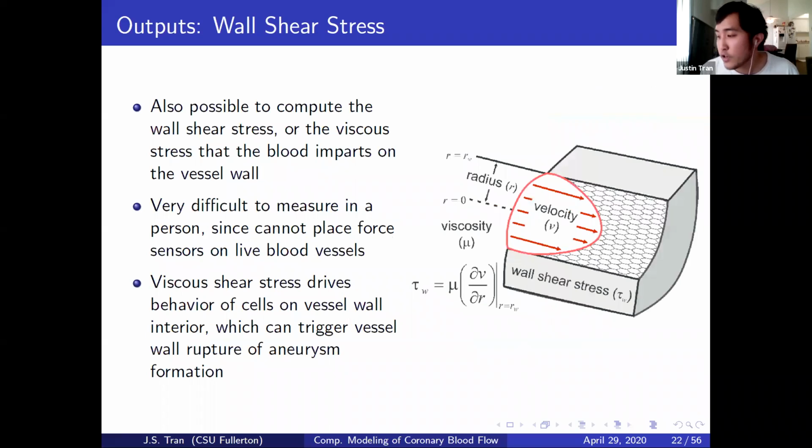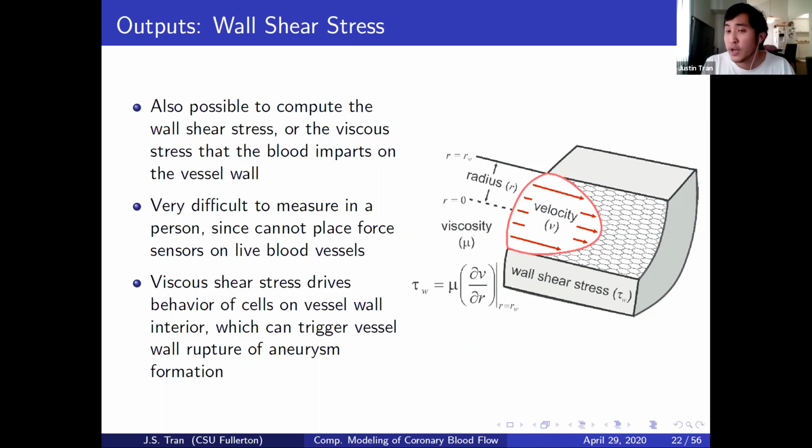Okay, so another output of interest is called the wall shear stress. This is another one of the big ones. I'd say after pressure, this is something that people can measure. Because we assume that the blood is a viscous fluid, it's going to impart some kind of viscous shear stress on your vessel wall. And this is really important for your body, because your blood vessels are not just rubber tubes.